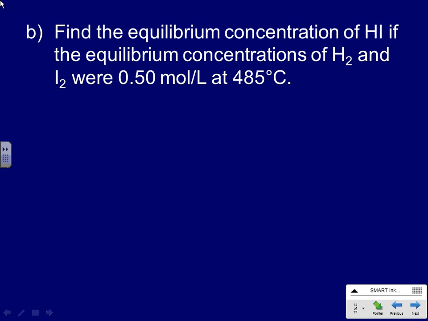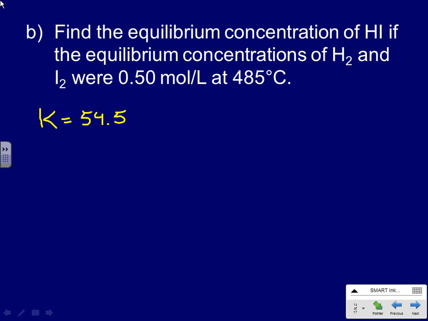This is a continuation. Now that we know the value of K, we can substitute other bits of information and simply use it as an equation. Because this is linked to the last question, what was it, 54.5?